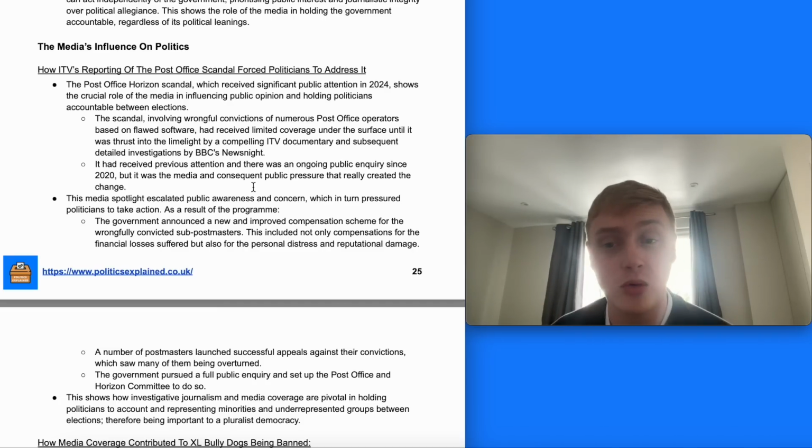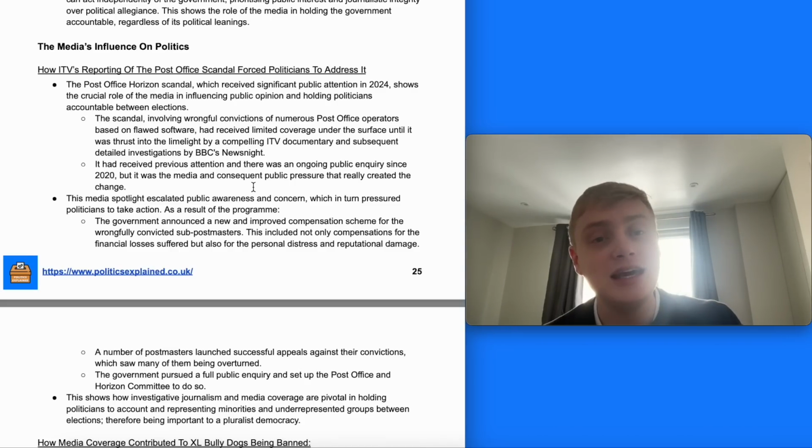The final key example we're going to have a look at in relation to UK politics is the Post Office scandal, and how in early 2024 ITV's reporting of it led to really key policy impacts and a lot greater focus on it.